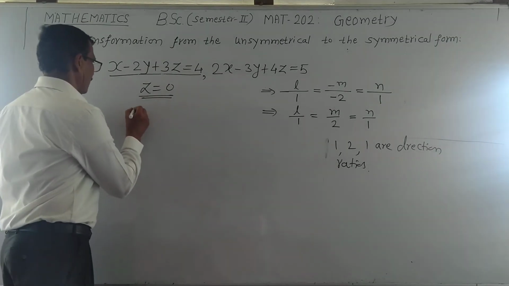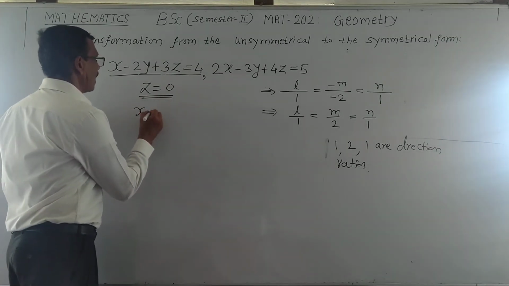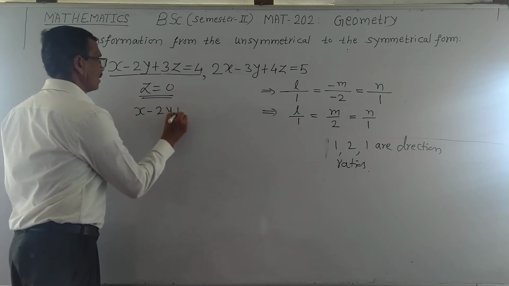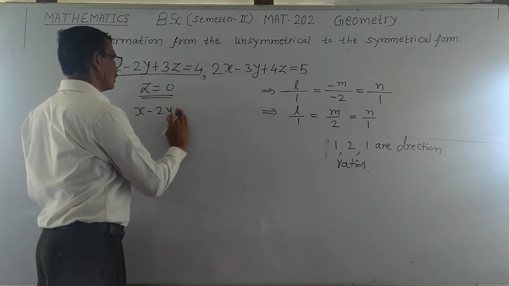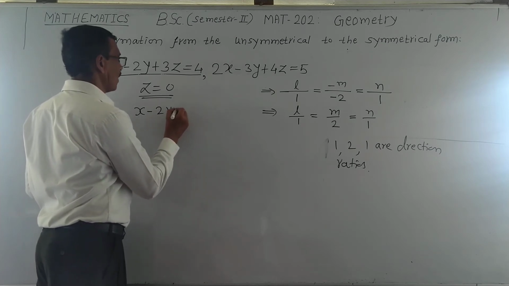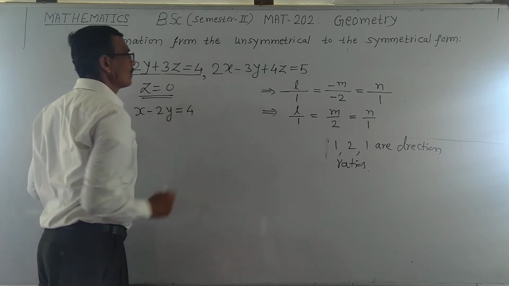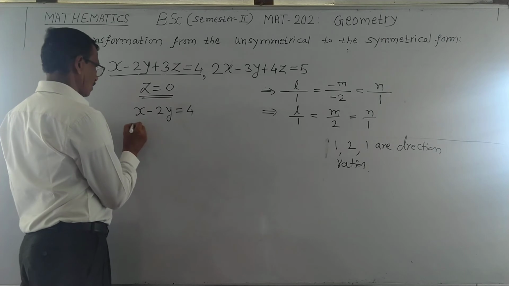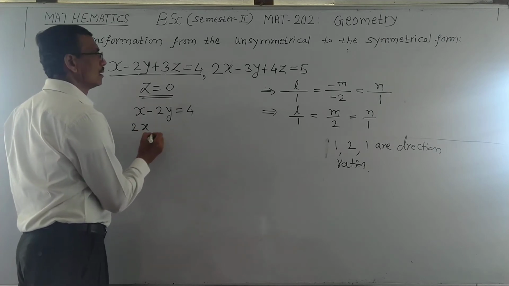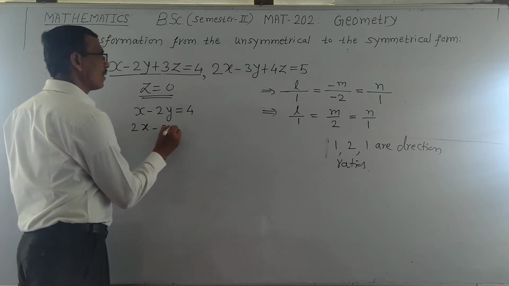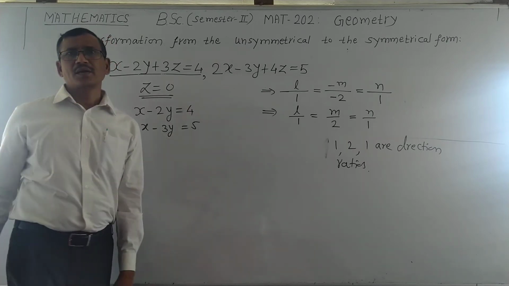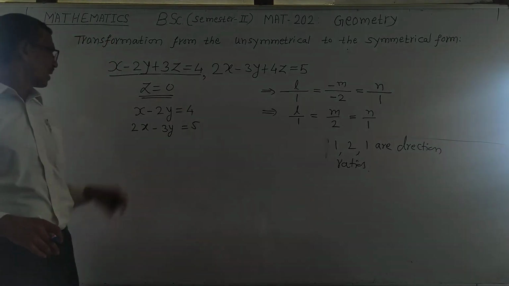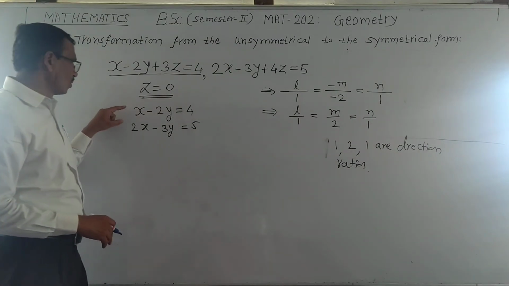We get x minus 2y plus 3z, but z equals 0. That means x minus 2y equals 4 and 2x minus 3y equals 5. You can solve either by determinant method or simultaneous equations.